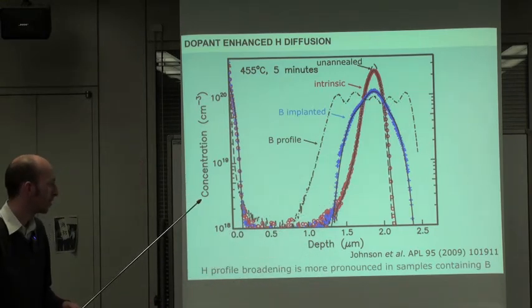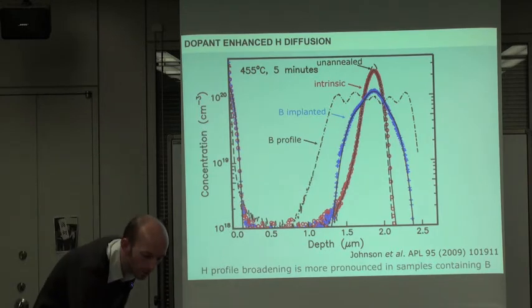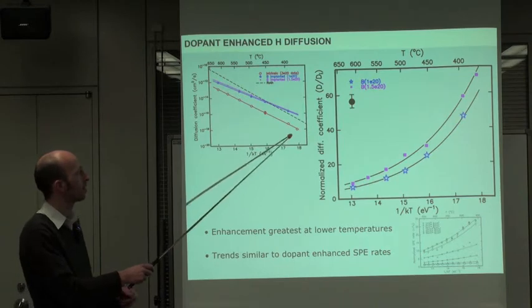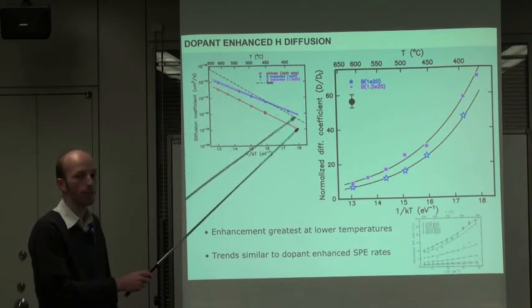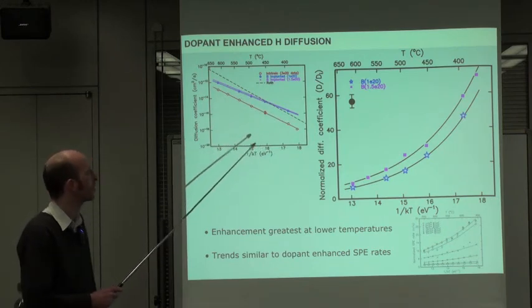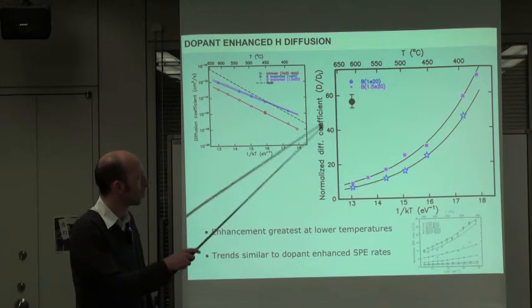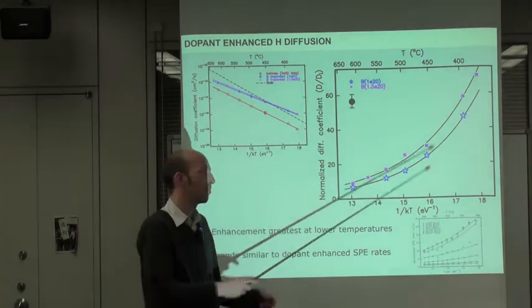And we tried to do this for many different temperatures. And we found that it was thermally activated over the temperature range that we studied. There was no time dependence that we could find. And you can see the normalized diffusion coefficient that we found was enhanced for the lowest temperatures.